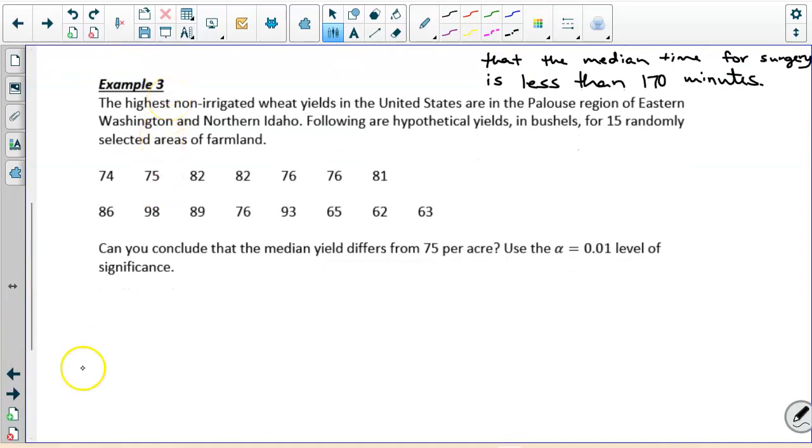We'll go over it. Okay, so the highest non-irrigated wheat yields in the United States are in the, I don't know, Palouse region? Palouse? Palouse? Okay. Of eastern Washington and northern Idaho. Following are hypothetical yields in bushels for 15 randomly selected areas of farmland.